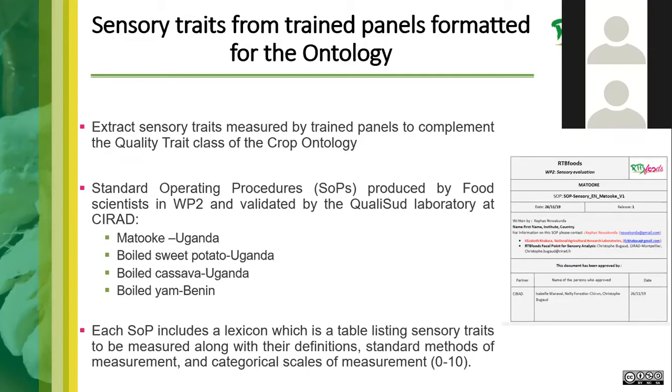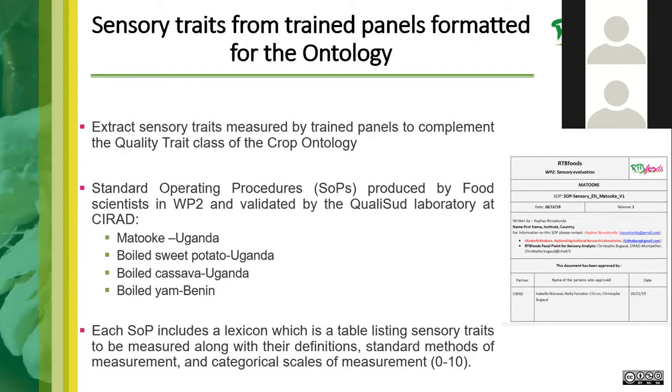In each of these SOPs, we had what we call a lexicon, which is basically a table listing sensory traits to be measured along with their definitions, standard methods of measurement, and the categorical scales. Here we gave an example of a scale 0 to 10, but some other food products like boiled yam used a scale of 0 to 100, and this was validated by Quality.